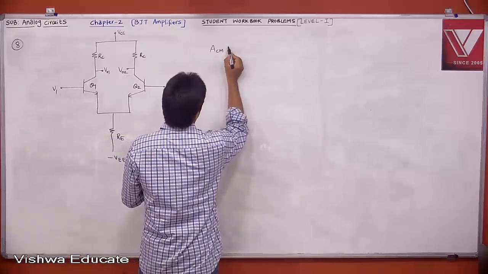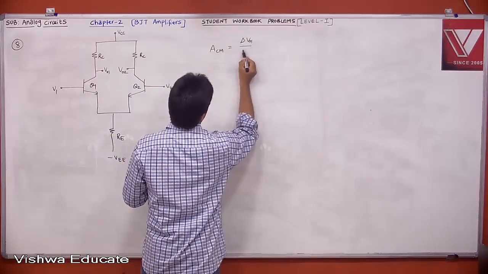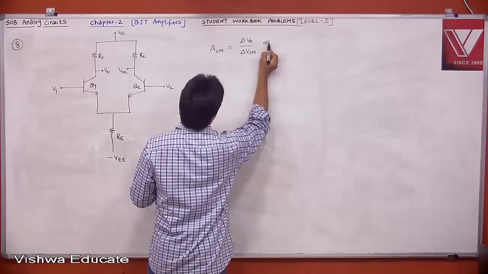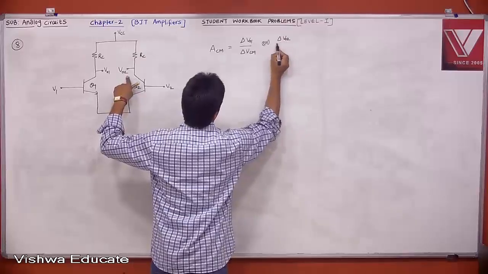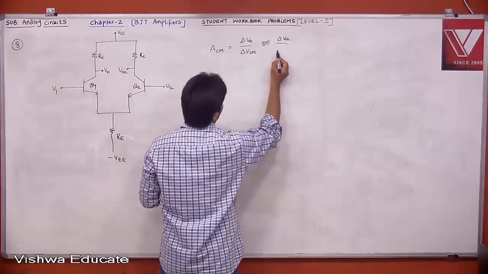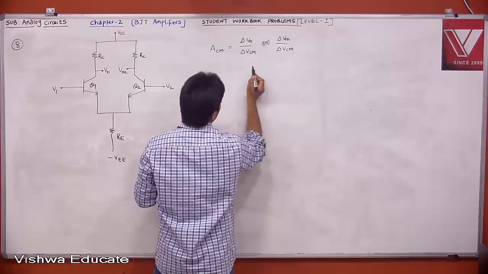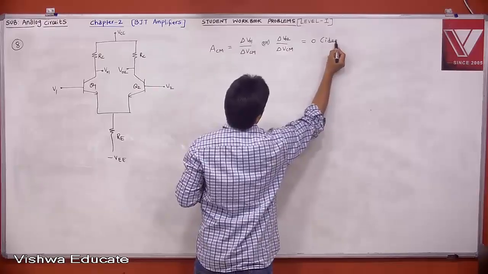Therefore, your common mode gain is the change in V01 with respect to change in common mode voltage, or change in V02 with respect to common mode voltage change, where V1 is equal to V2. Ideally we want 0. 0 is the ideal value.